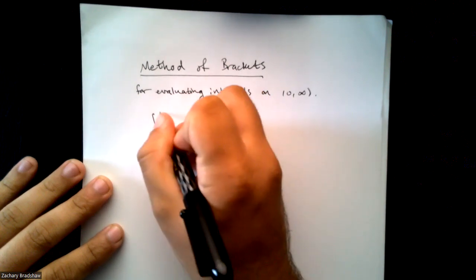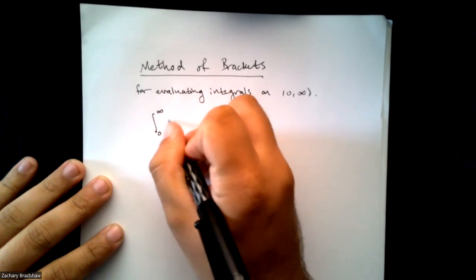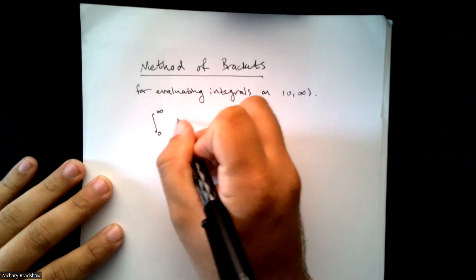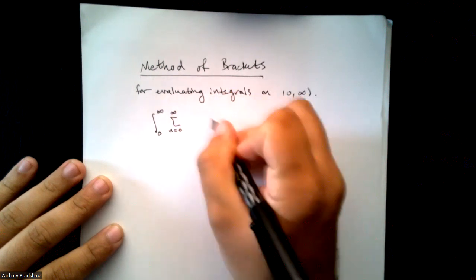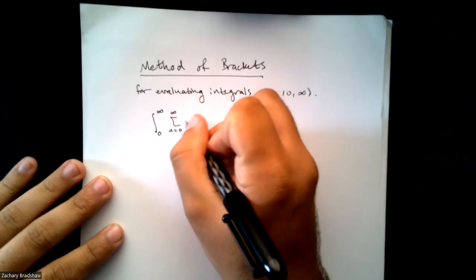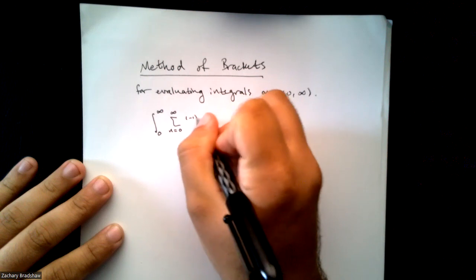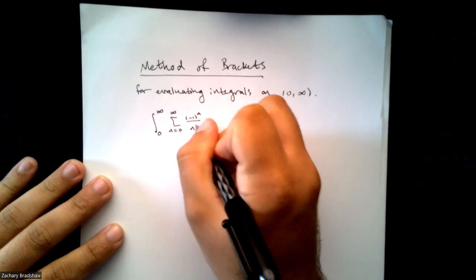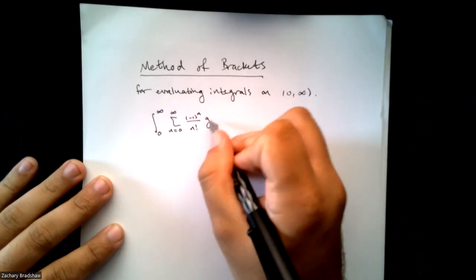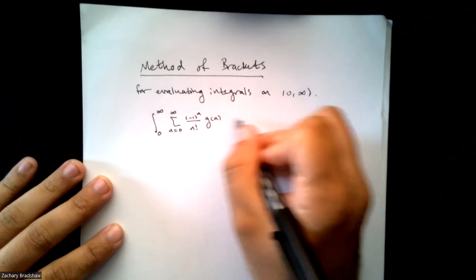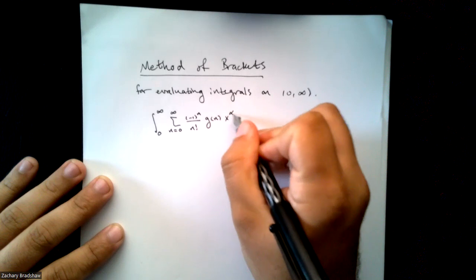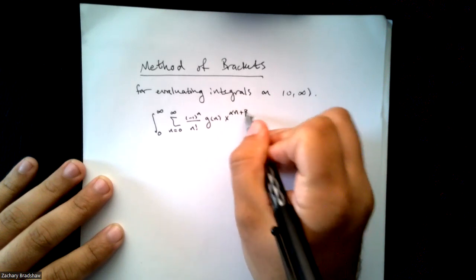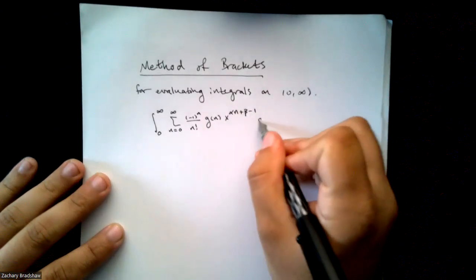Let's suppose we have an integral from 0 to infinity of some function f, which has the form sum from n equals 0 to infinity of minus 1 to the n over n factorial g of n, where g is some sequence, times x to a constant times n plus another constant minus 1.